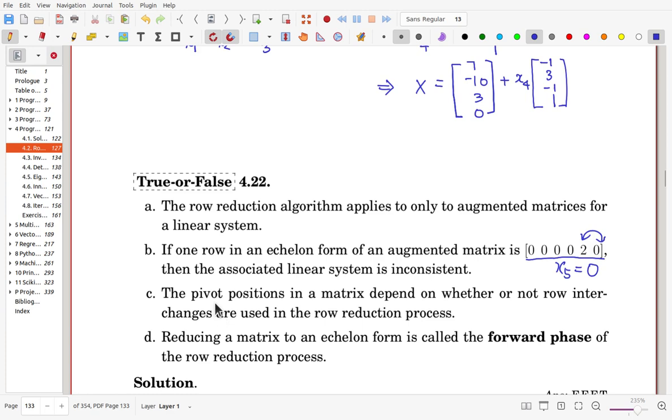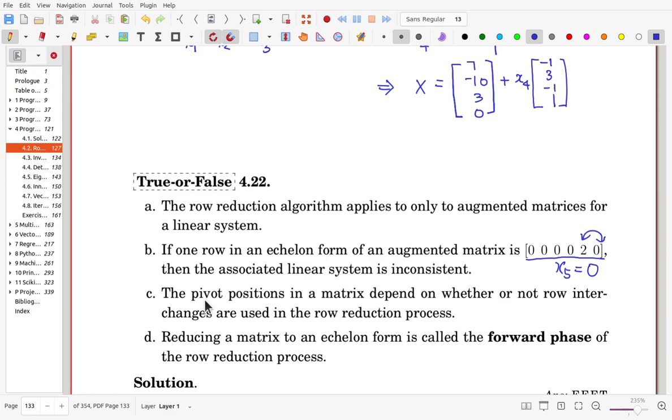The pivot positions in a matrix depend on whether or not row interchanges are used in the row reduction process. Okay, this statement is also false. Pivot positions are independent of the use of row interchanges.